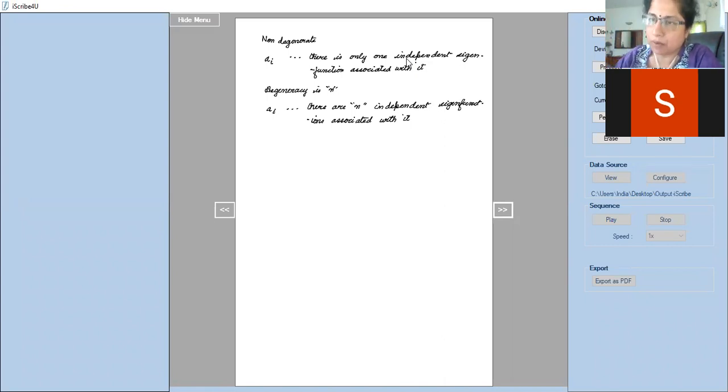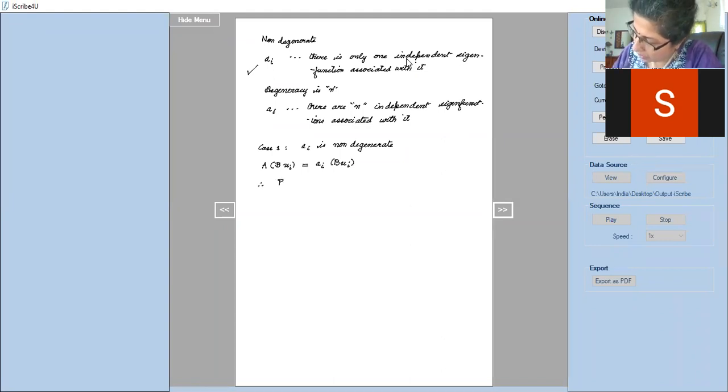Now, let's go back to our statement. We are going to take case 1 where ai is non-degenerate, which means that we are essentially taking this particular case. So what was our statement? That A operating on B ui is equal to ai times B ui. Now, ai is non-degenerate.